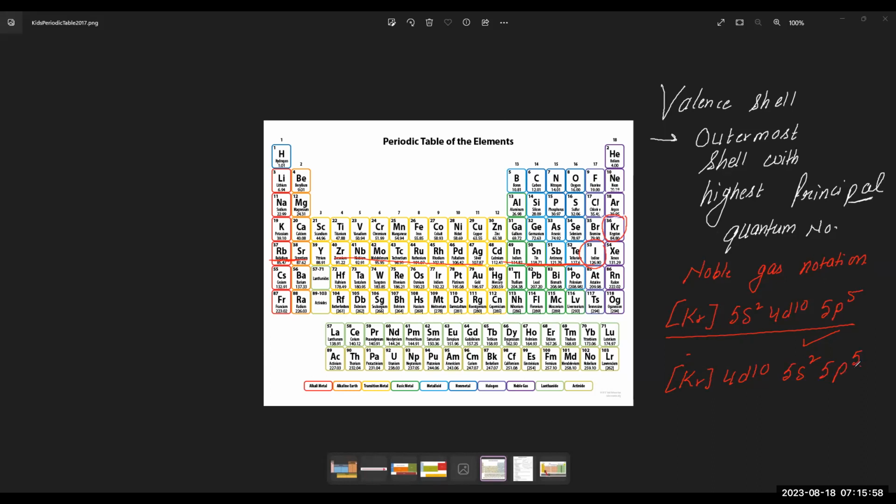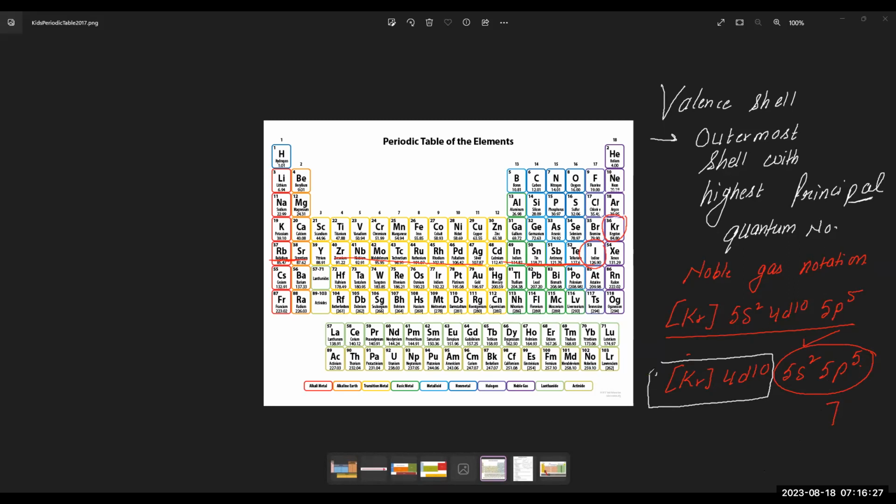Nivriti, the valence shell is this. How many electrons? No, no, no. 5. Oh, you are saying the number 5. Okay, yes, good. How many electrons are there in the valence shell? 7. Now, what are the inner core electrons? This is the inner core, this complete part.